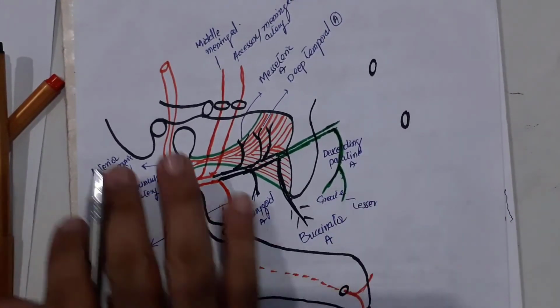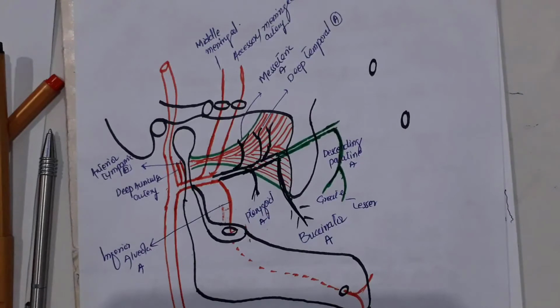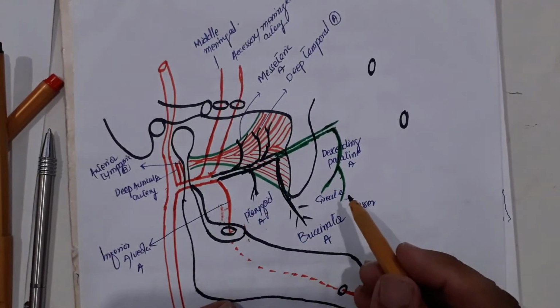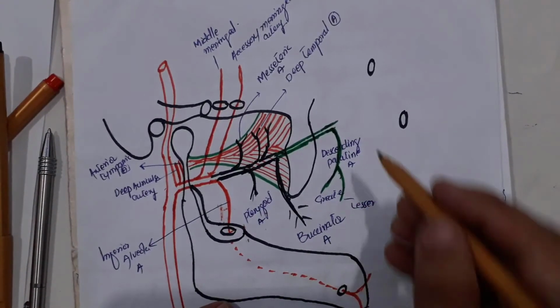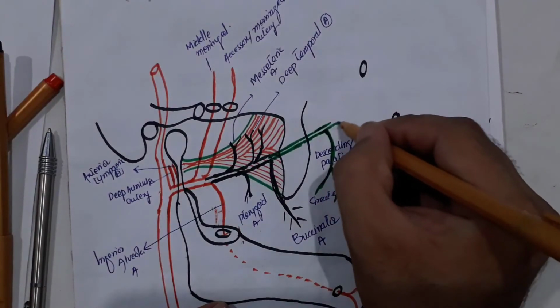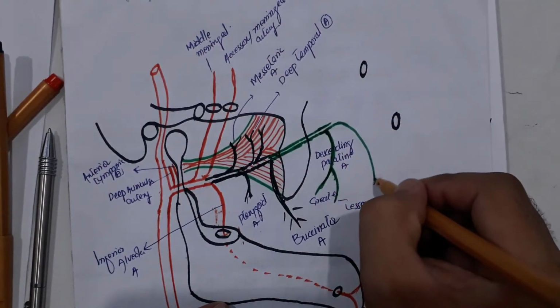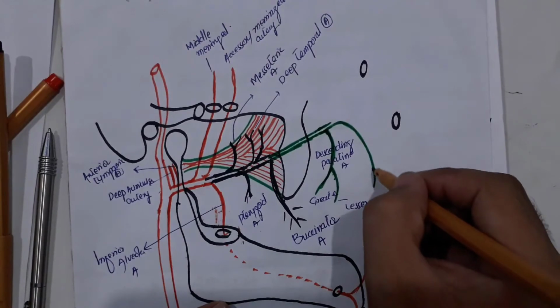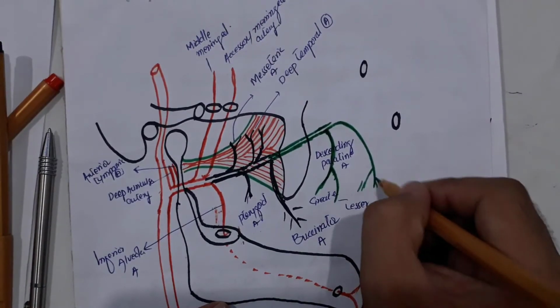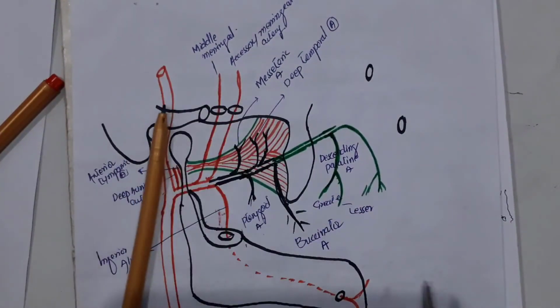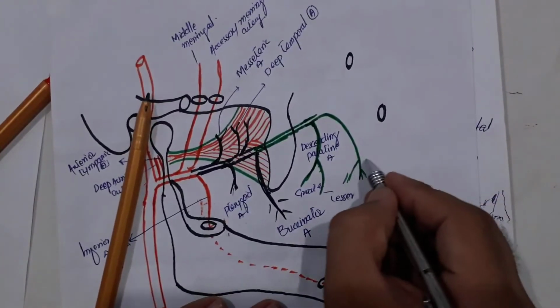Very good. Now moving forward, there is another branch which arises from this maxillary artery like this, and this one is the posterior superior alveolar artery.